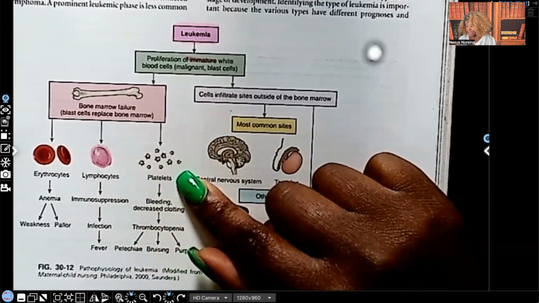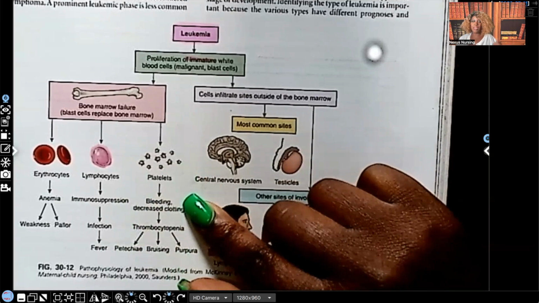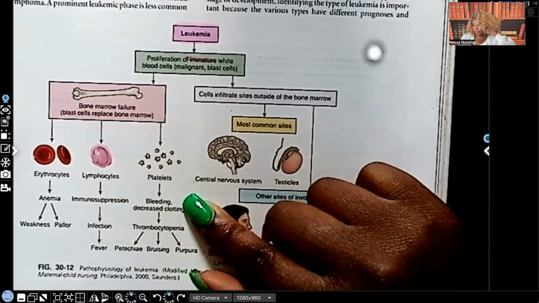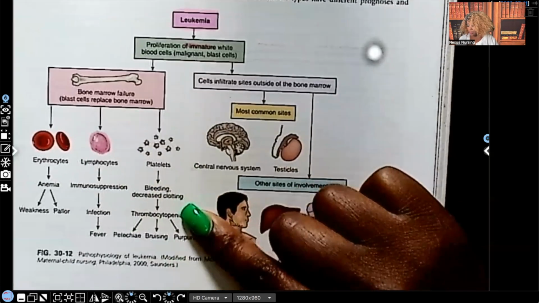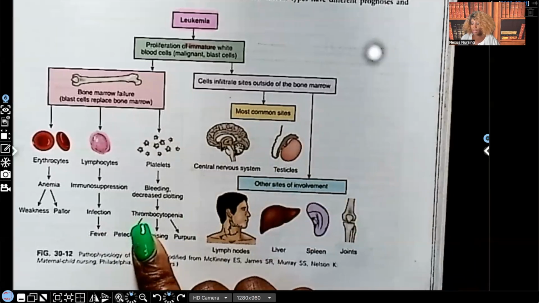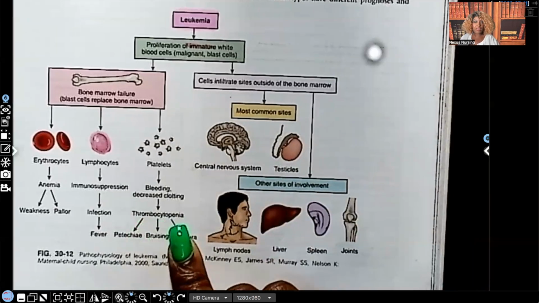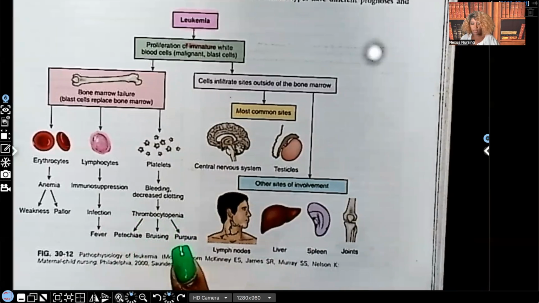So it affects the platelets, which causes decreased clotting. And that decreased clotting puts the patient at risk for what? Bleeding disorders. Patient has thrombocytopenia. Thrombo, clot, cyto, that cell, penia, a little bit of clot cells. That's what? Platelets. And we'll see petechiae, bruising, and purpura.